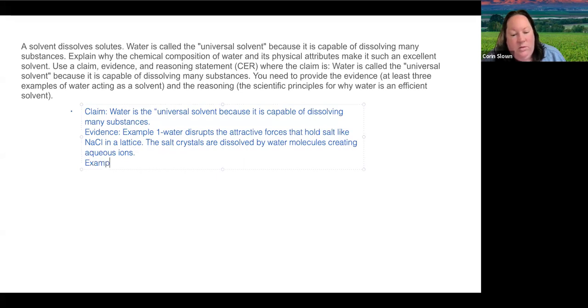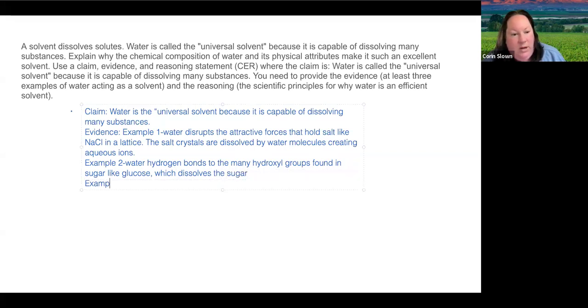Here's example 2. Water hydrogen bonds to many hydroxyl groups found in sugar or carbohydrates, like glucose, which dissolves the sugar.